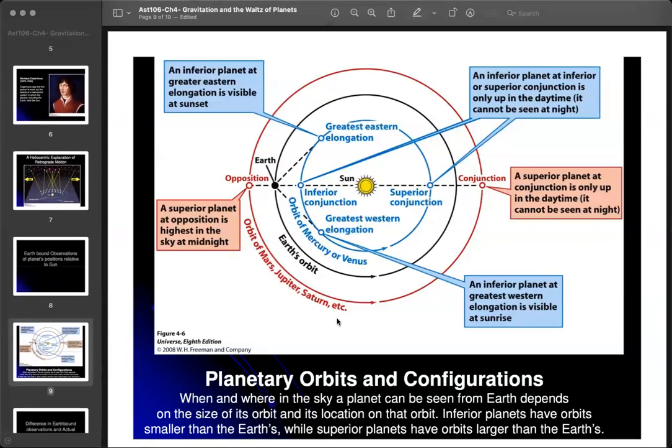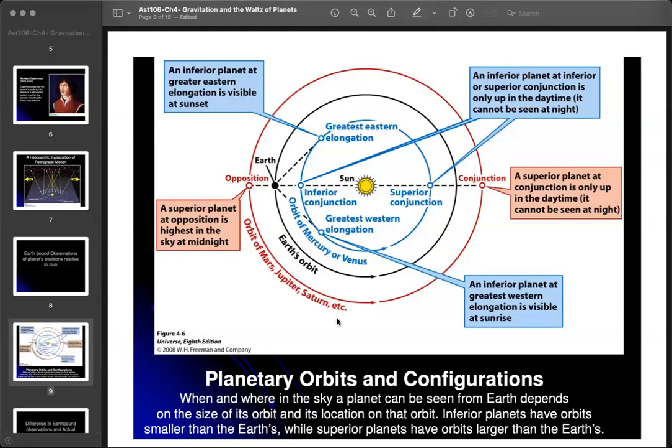This is something that astronomers before and during Copernicus's time had observed. And he explained how all of that fits very well, and he gave these names. So now we are looking at it from a heliocentric system, and in a heliocentric system, the sun is at the center and all the planets are going in orbits around the sun.